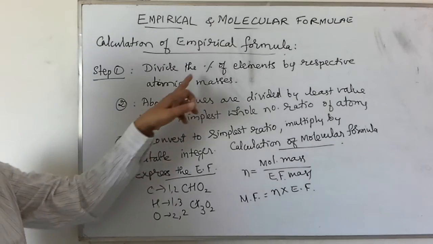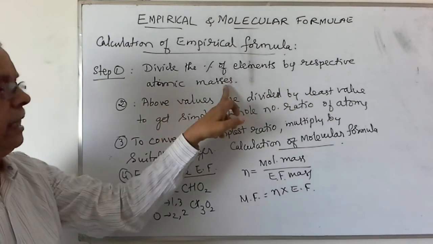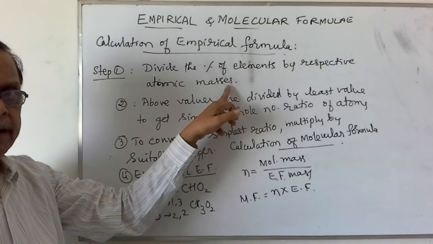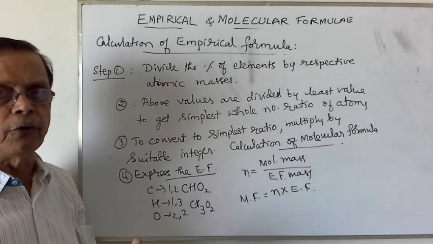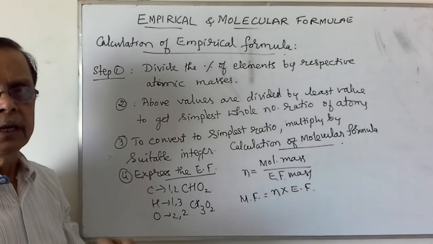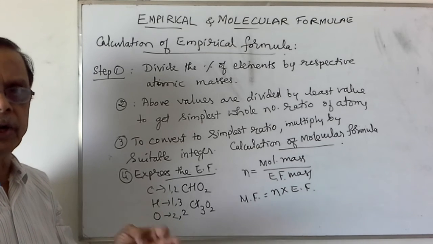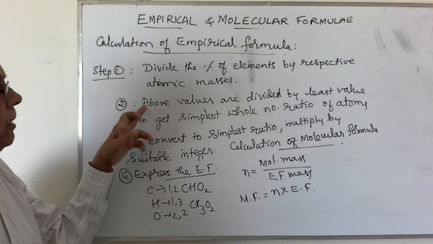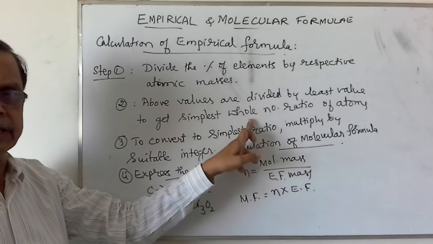First, from the information of the percentage of elements, divide them by the respective atomic masses. For carbon it is 12, for hydrogen 1, oxygen 16, nitrogen 14, sulfur 32, and halogens, different halogens have different atomic masses, chlorine 35.5, like that. Then once you get this ratio, you have to convert them to a simple whole number ratio.